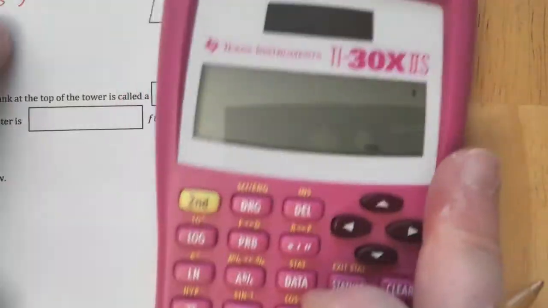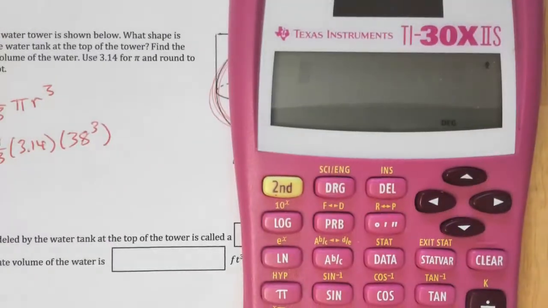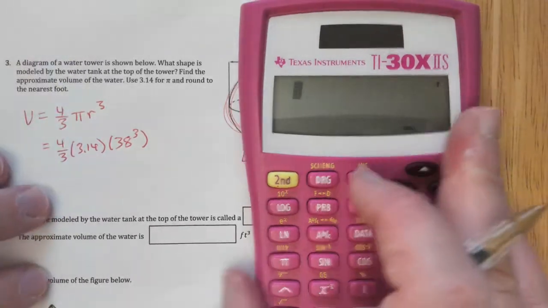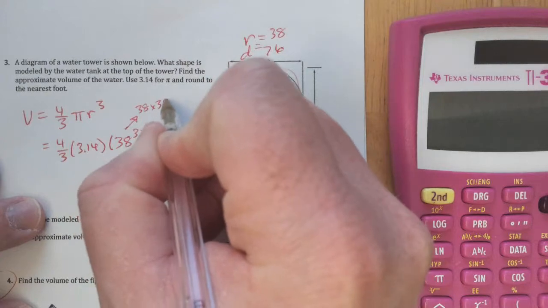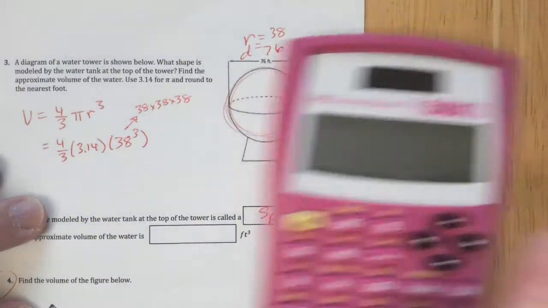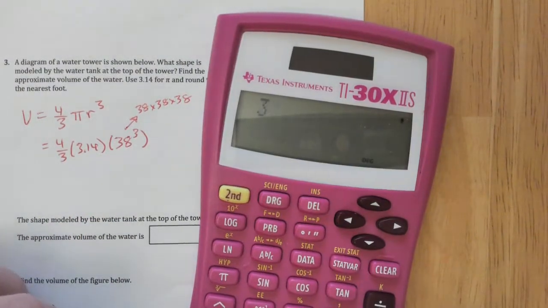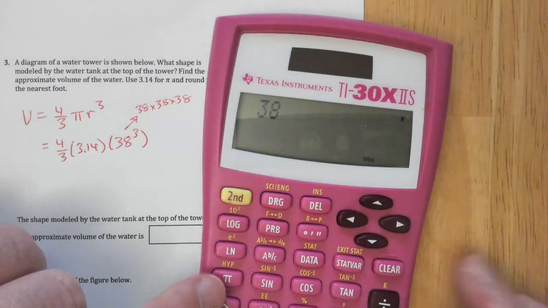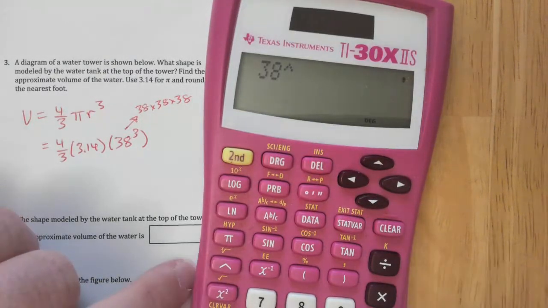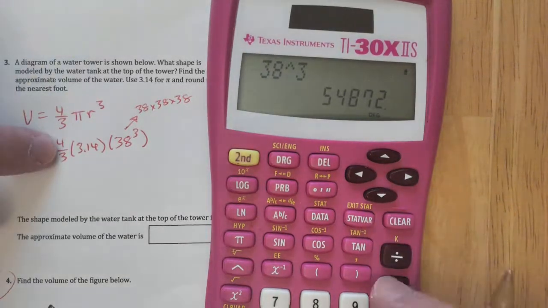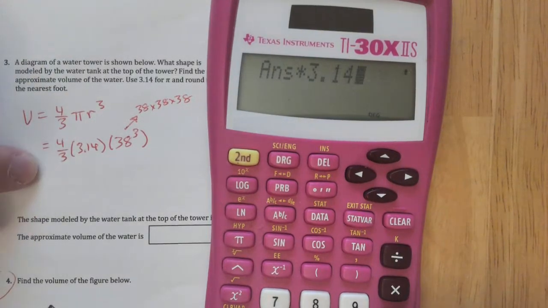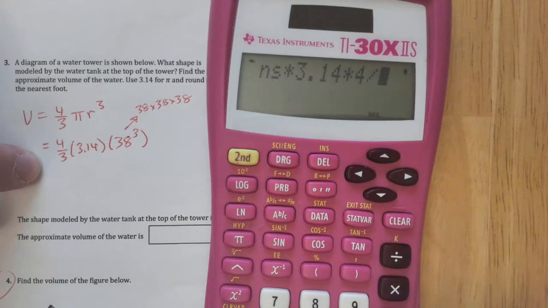All right, so basically we're multiplying 38 3 times. So just in case you're wondering, that is 38 times 38 times 38. Okay, so 38, and you see that little caret right there, to the power of 3. And we get that big number times 3.14 times 4 divided by 3.